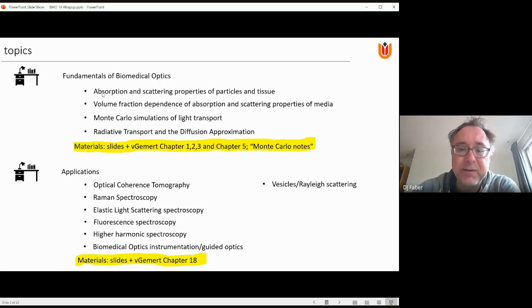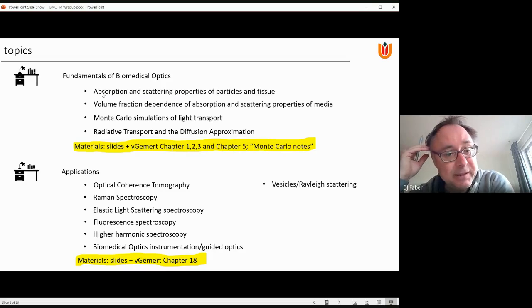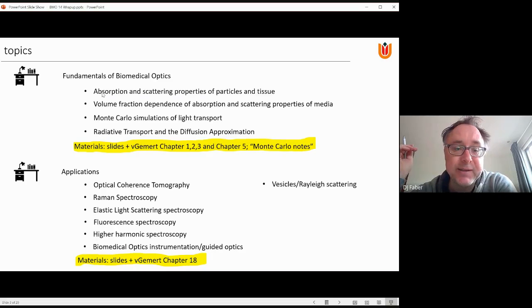And then for the applications, we actually covered quite a lot of them. OCT, the most important one, I think. That's why it's at the top of the list. Vesicles and Rayleigh scattering is also at the top of the list, because it also used kind of heavily the things that were discussed in the fundamentals. Raman spectroscopy from Johannes, elastic light scattering spectroscopy from Dick Sterenborg. Maurice talked about fluorescence and forensic applications.